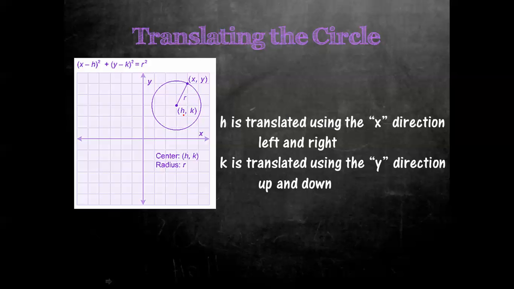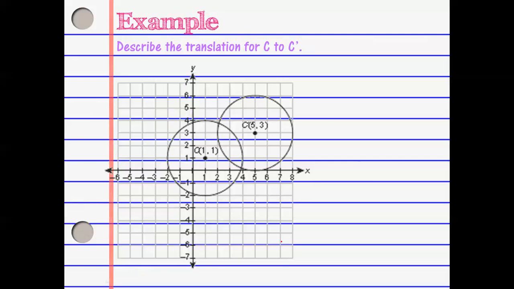We usually talk about translating a circle in terms of its center. When h is translated in the x direction, we move left and right. Left would be making the center more negative, and right would be making it more positive. If k is translated in the y direction, up would make it more positive, and down would make y more negative.